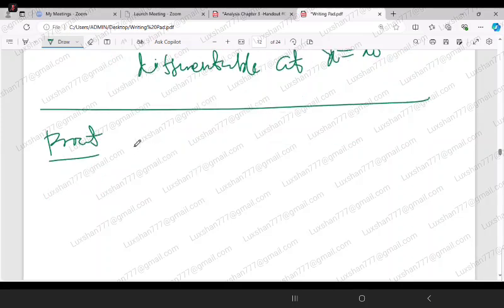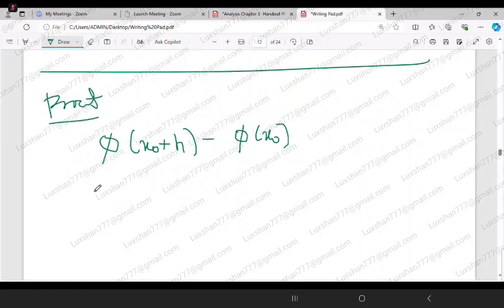The proof is very simple. We'll consider pi of x naught plus h minus pi of x naught, over h. Remember, pi is equal to f x into g x. Using that idea, the proof is very simple. Don't miss these kinds of things in your exam.